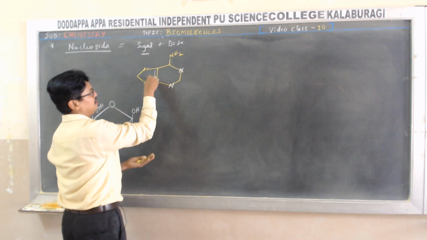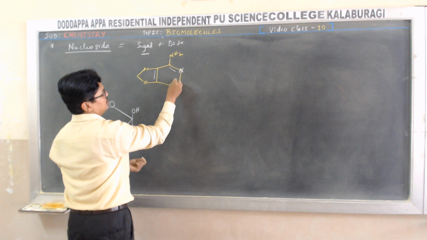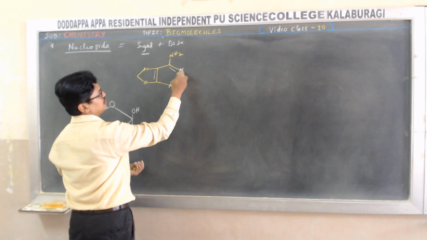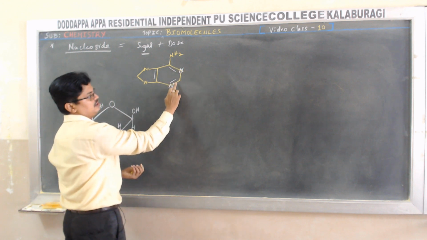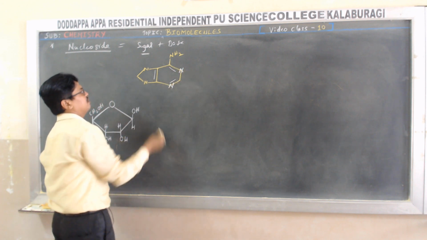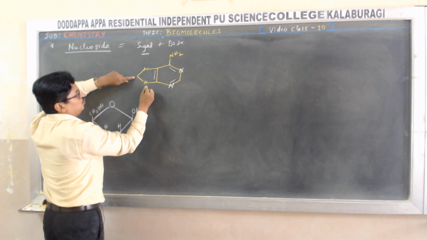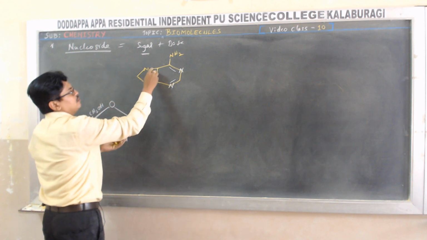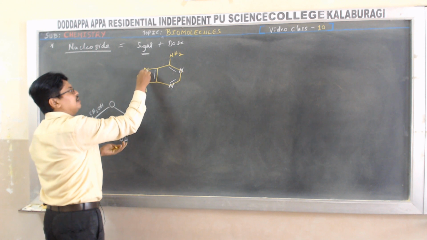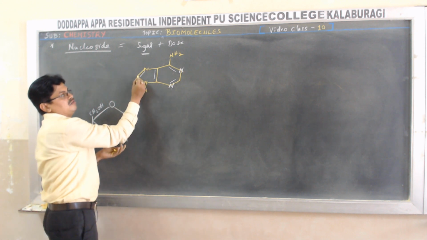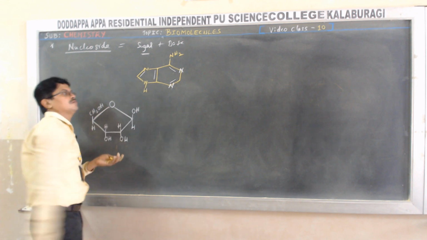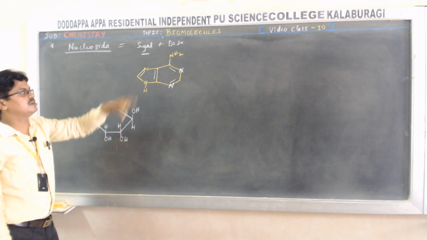Then here one double bond, here a double bond, here one double bond. You have to satisfy the valency. 1, 2, 3 satisfied. 1, 2, 3, 4 satisfied. 1, 2, 3 this also satisfied. And here nitrogen with 1, 2 is not satisfied, so let me write H. Here 1, 2, it should be 3 now. Put the double bond. Here carbon will be there, 1, 2, 3, H will be there, so 4. So this is the structure of adenine.